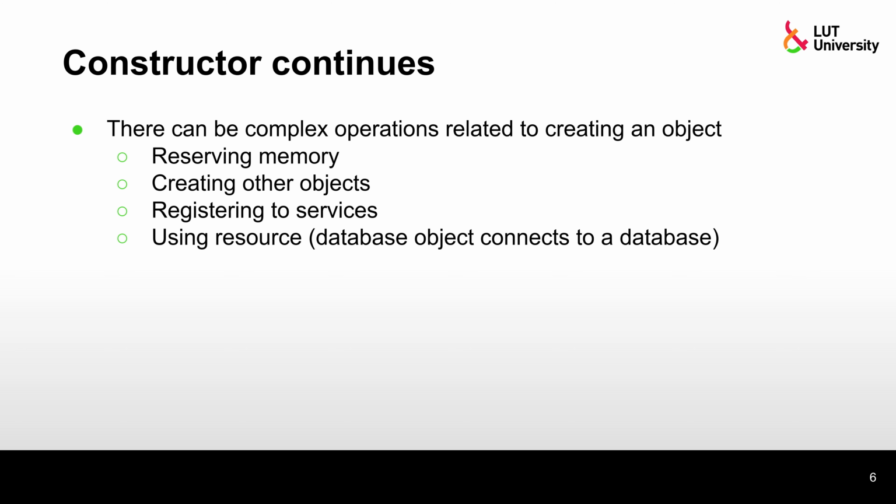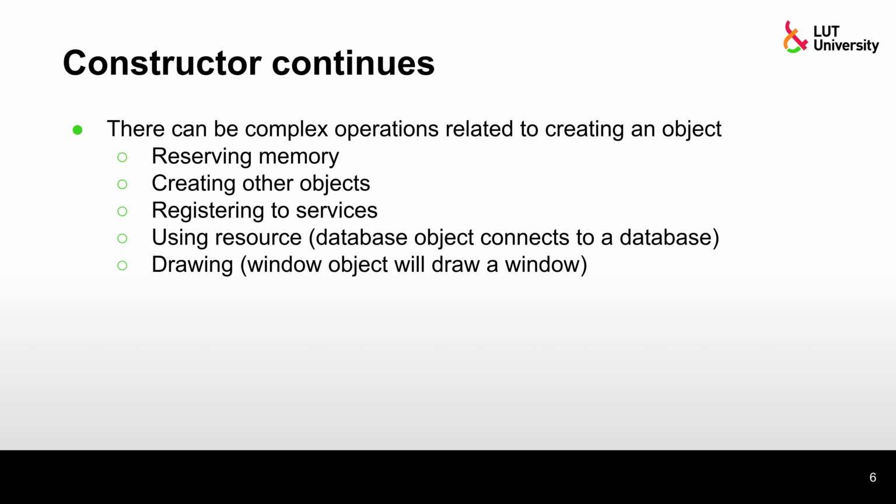Similarly, you might want to get some resources. You might want to access a database. So you create a database connection in your database object. You want to get some file, let's say an image from your mobile phone's memory. That might be the job for the constructor.